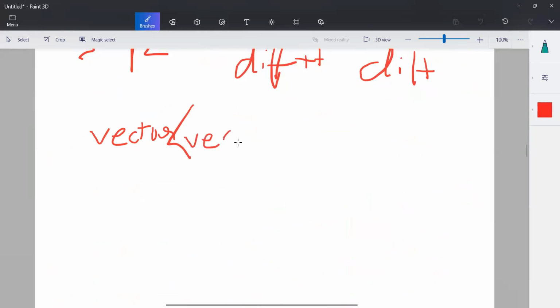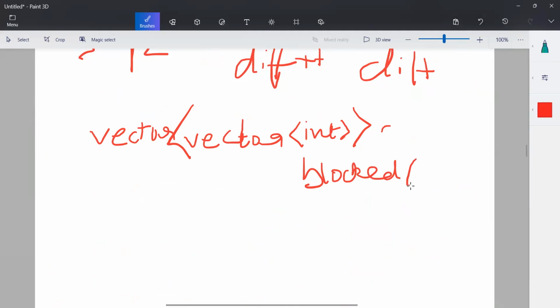How will this help me? The size of this will be q plus 1. Let's call it blocked.